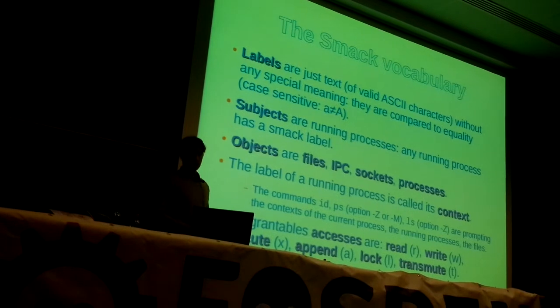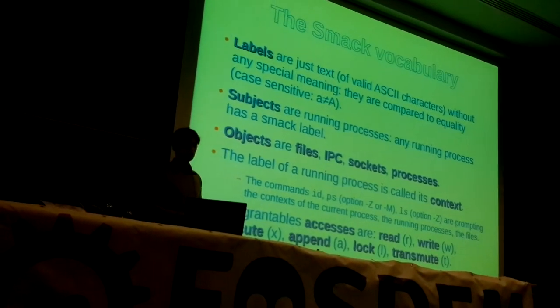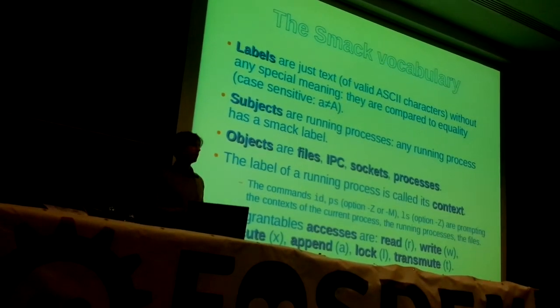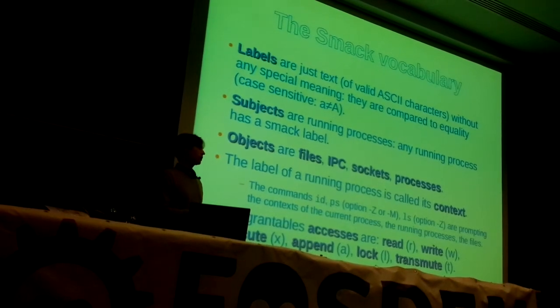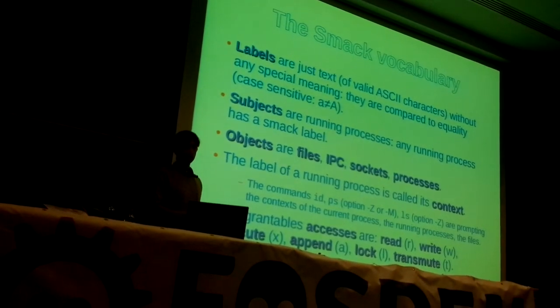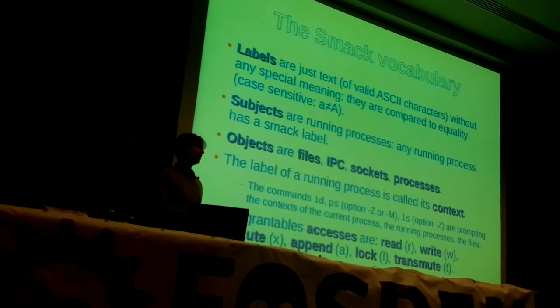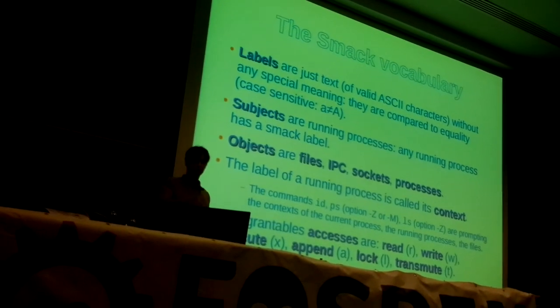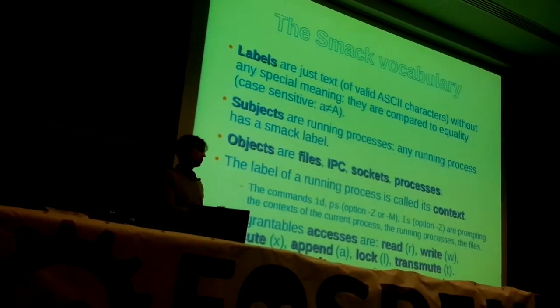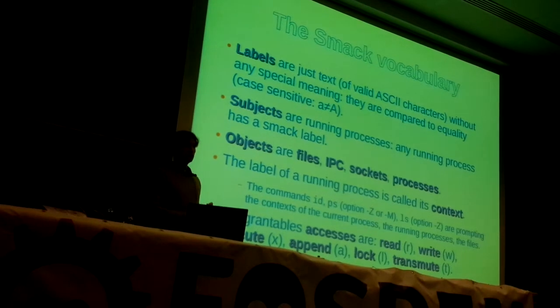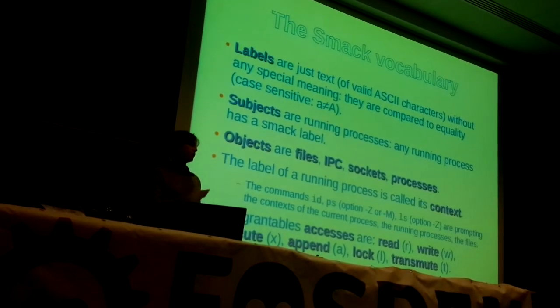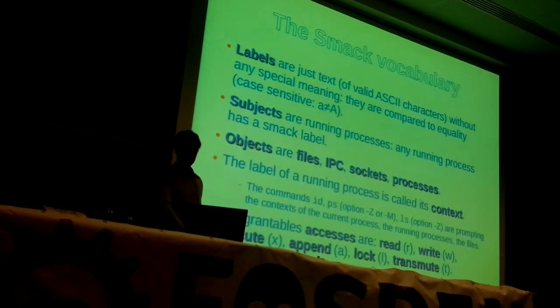The accesses that are grantable are read, write, execute, append, which can be useful for logging, excuse me, I'm confused with the next item that is lock, which is not reading, not writing, and transmute, that allows a file system to give the label of the directory to the created files.